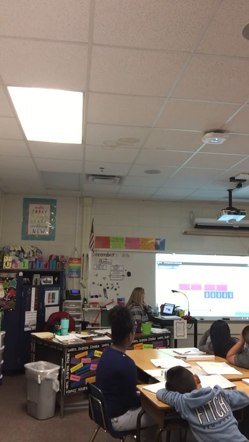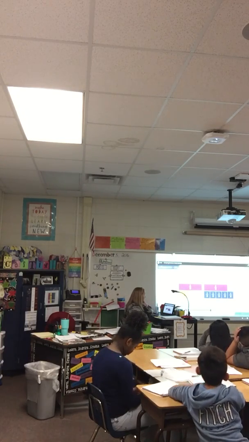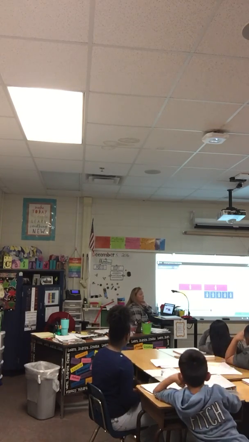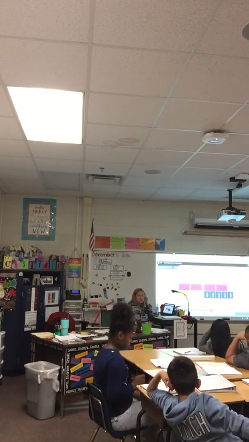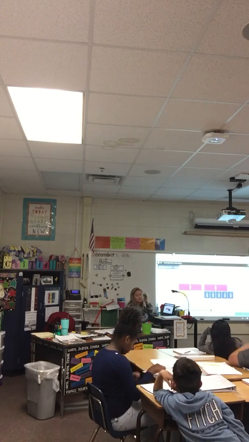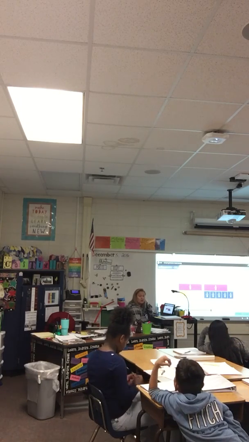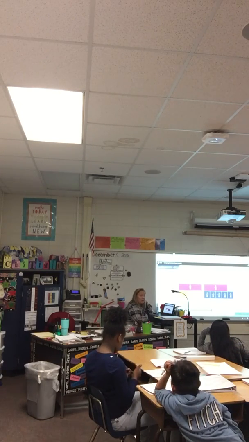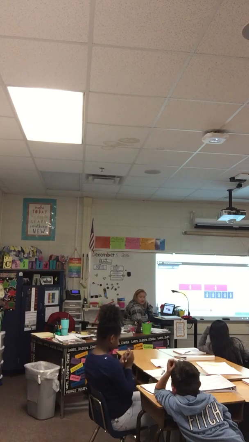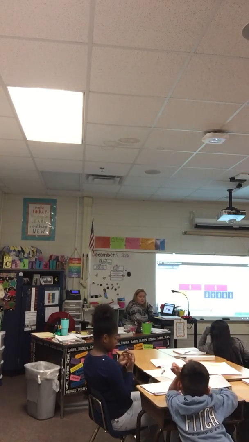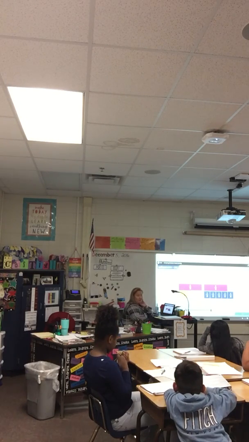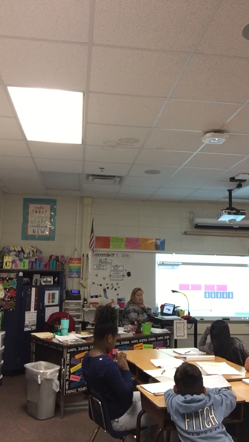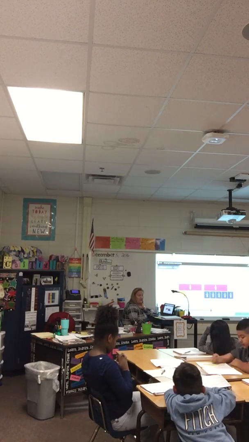Why is using fraction strips one of the most reliable methods of comparing fractions? And why did we say it's a good idea to use fraction strips, Daniel? Because a lot of people have a problem with fractions when you don't have a fraction strip. Okay. What happens if you don't have a fraction strip? If you don't have a fraction strip, you can get a question wrong. Possibly, but why is it easier to use fraction strips, Jaden?